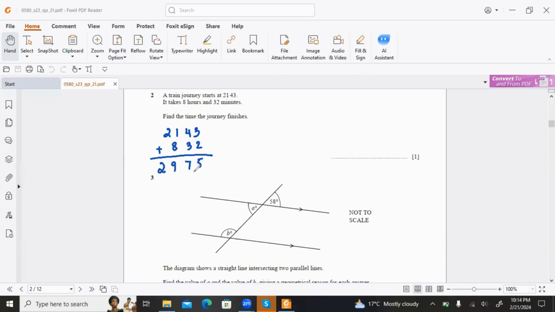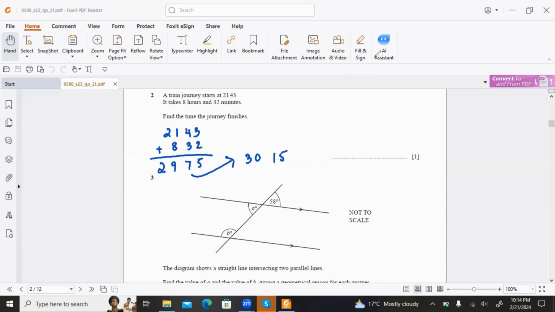Now, since 1 hour has 60 minutes, our minutes cannot be greater than 60, which means we take 1 hour from this and add it to 29, which converts this into 30 and 50.